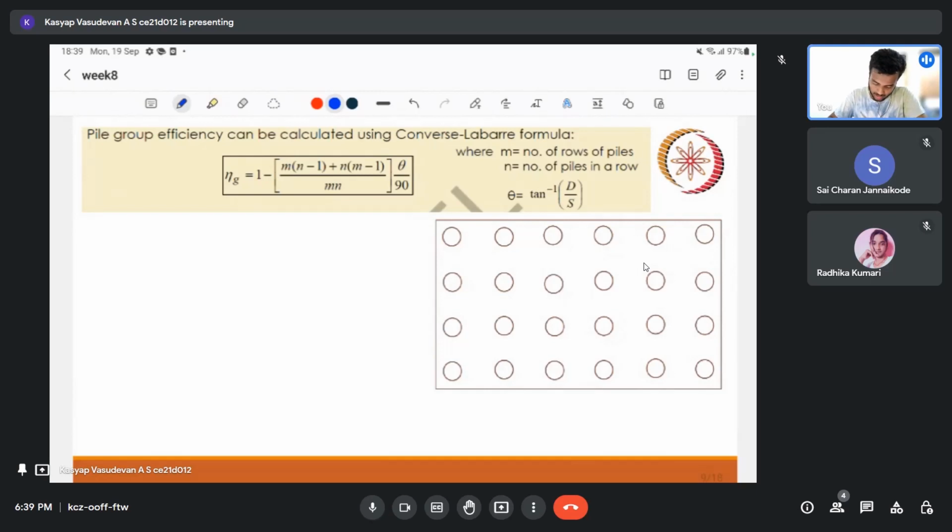In this case m is equal to the number of rows, that is 4, and n is equal to the number of piles in a particular row, that is 6. That is our 4 into 6, right? Now the other term, theta, is given as tan inverse of d by s, where d is nothing but the diameter of the pile.